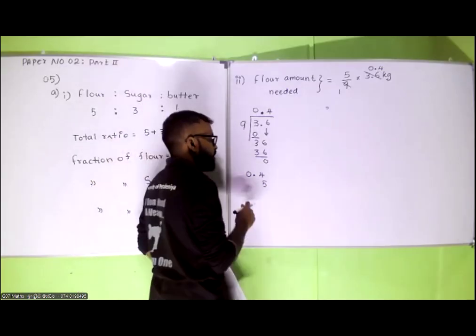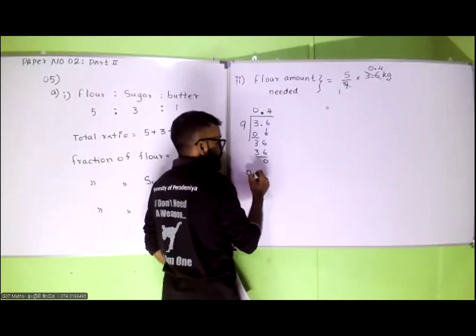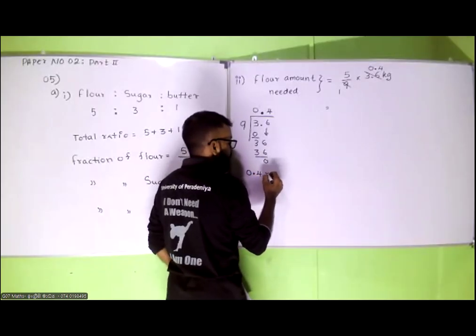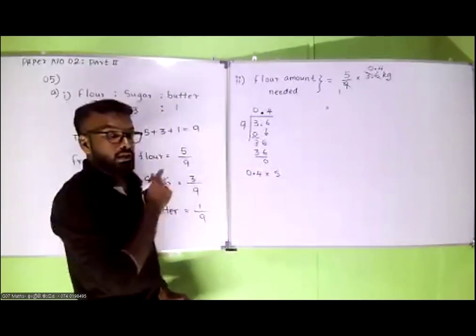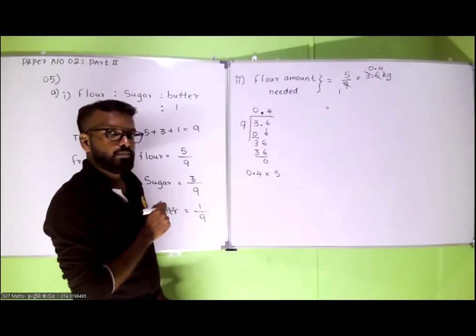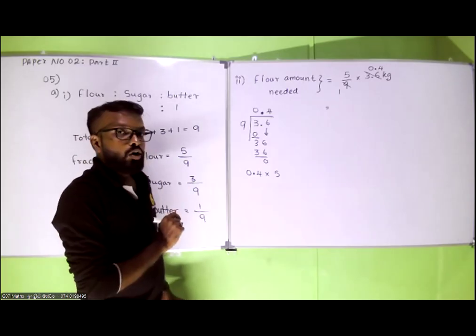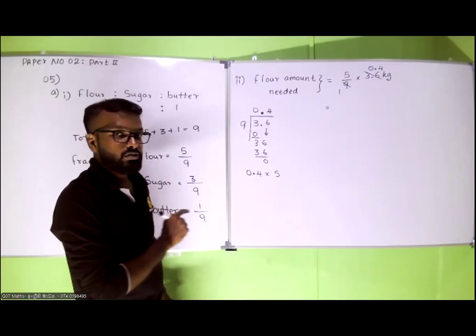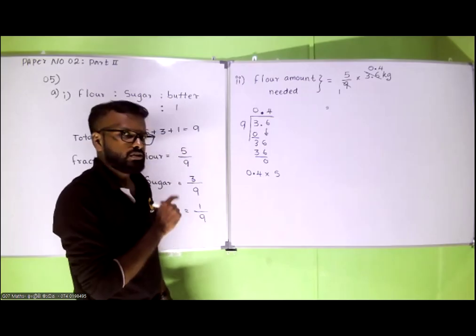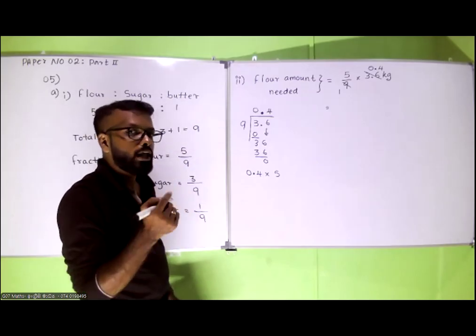The way that you are going to multiply is, if you have a decimal number like 0.4 and a whole number, you have to multiply this by 5. First of all, you have to forget the decimal places of this number 0.4. If you forget the decimal places of 0.4, you will get 4.